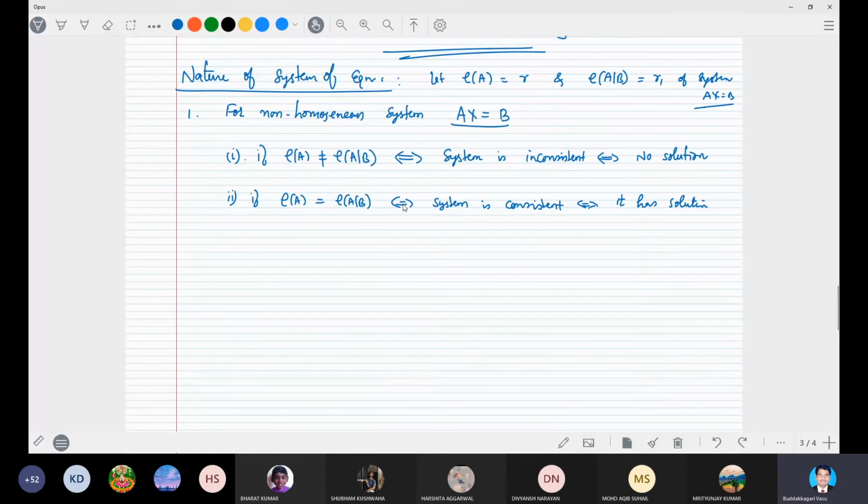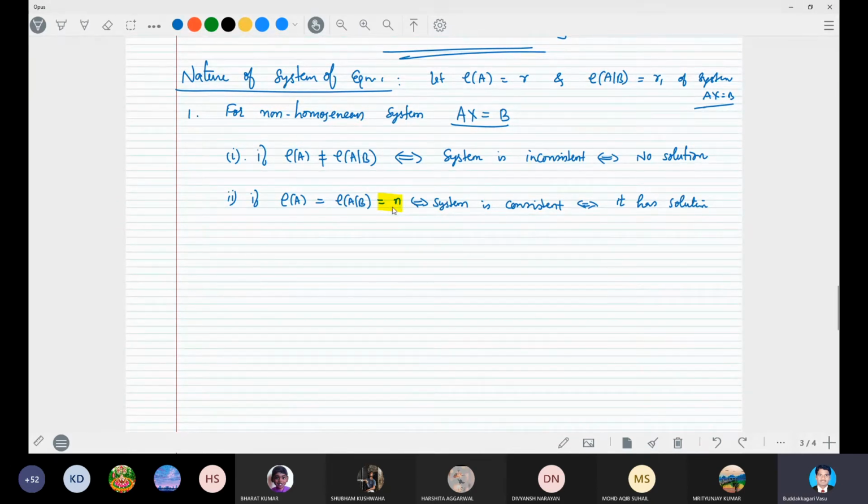Here again the doubt comes whether it is a unique solution or infinitely many solutions, right? So if the rank of A is equal to the rank of [A | B], that is equal to n.